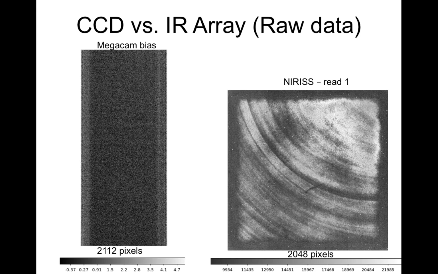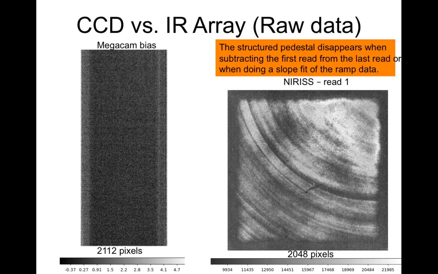And a faint target on this would be lost in what looks like noise. It's not actual noise, it's a pedestal, and luckily this structure disappears when you subtract two consecutive reads. The structure disappears and it doesn't introduce noise. It's just there, and so that's why you need to subtract two consecutive reads to remove it.